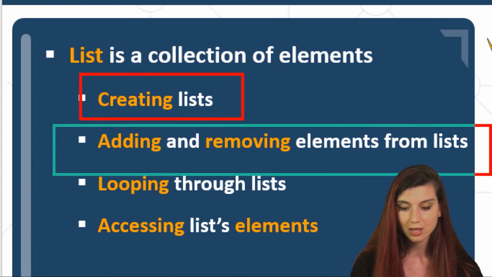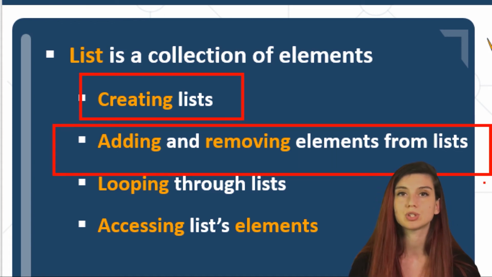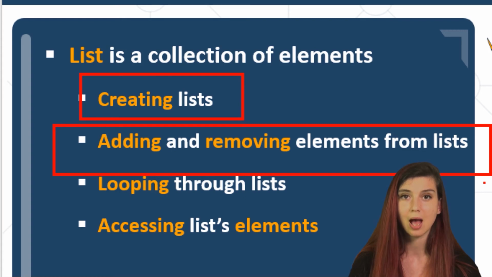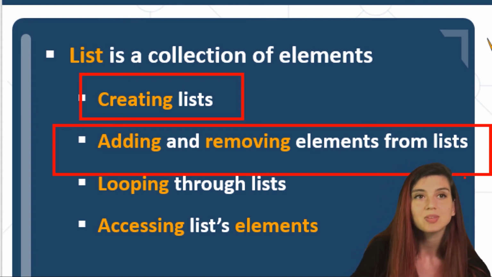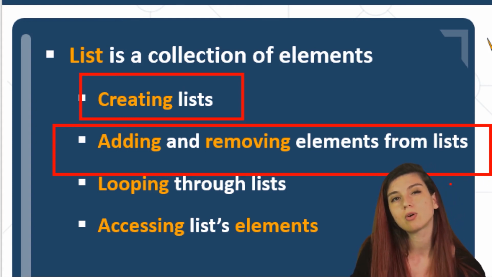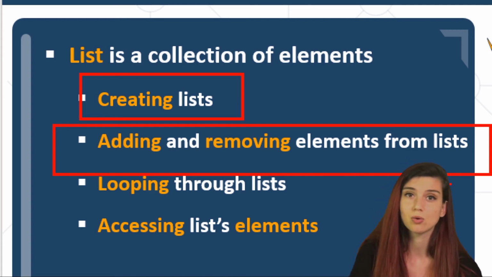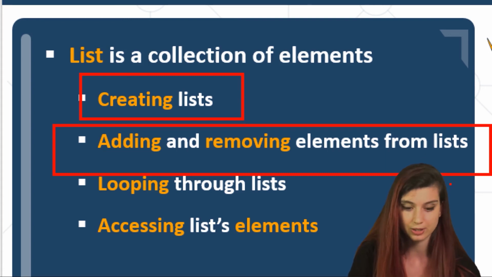Okay? So right now, we have seen how we can create a list with this exercise. How we can add and remove elements from the list. We saw this with append and remove function and with pop function, where pop function takes an index and remove function takes an actual object, which means if I have a list from 1, 2, and 4, and I give to remove 5, it isn't going to work because I don't have this object here.